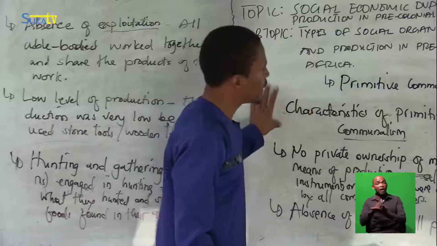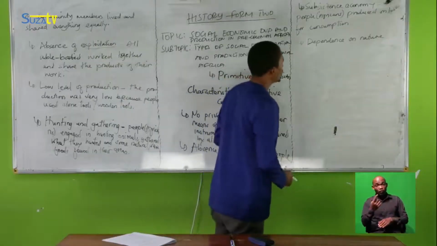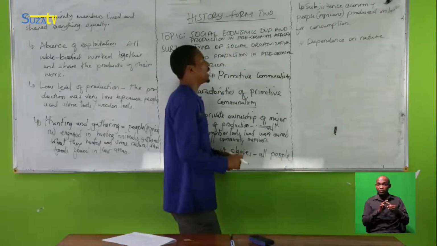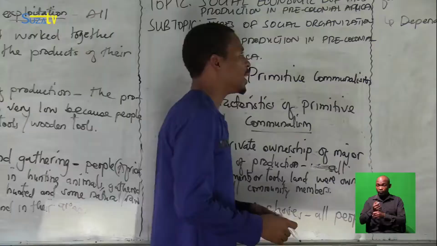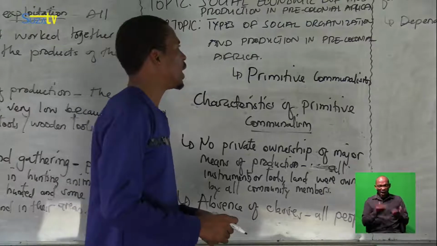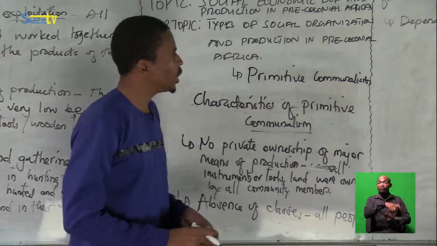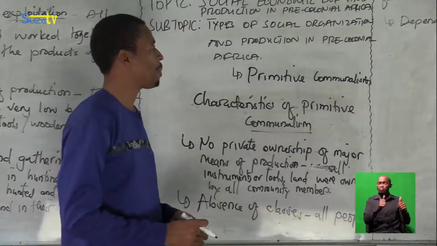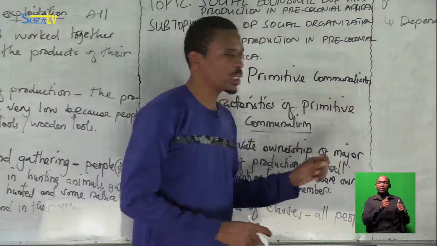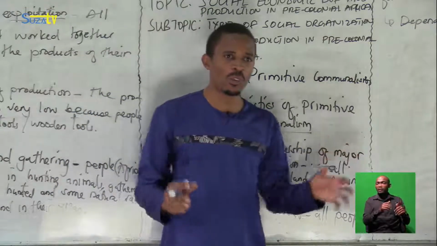If they lived in the areas where animals can be well hunted, they engaged in hunting activity. If they lived in the areas where fishing is very simple, they engaged in fishing. They depended on nature. The environment is what determined the style of life.